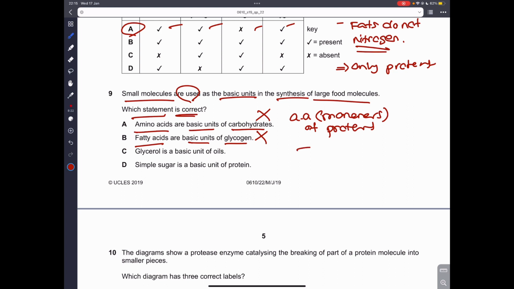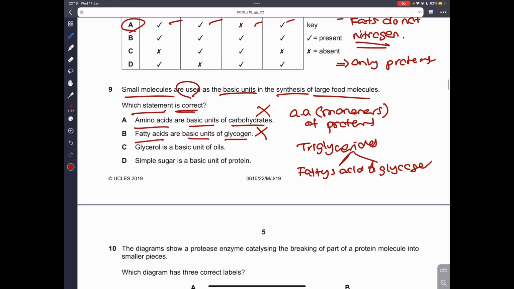Now this is also wrong. Now if you were to say that glycerol and fatty acids are the basic units of triglyceride, then it would be correct, but in this case it is wrong. Right, so we can cross out option number B.